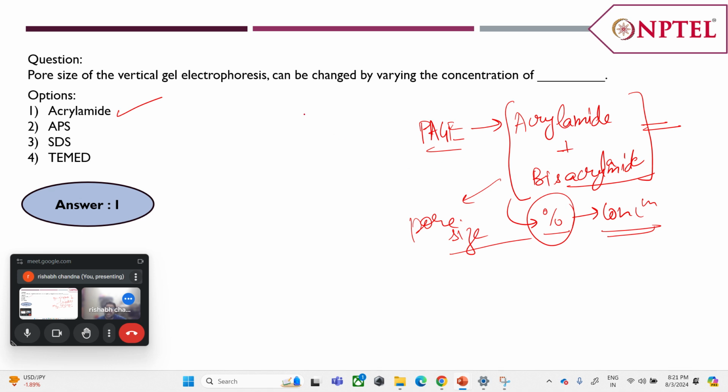If APS is added more in quantity, then will it affect the pore size of the gel? Because it helps in polymerization of the gel, right? So if we add APS in the solution of this particular gel, would it affect the pore size?